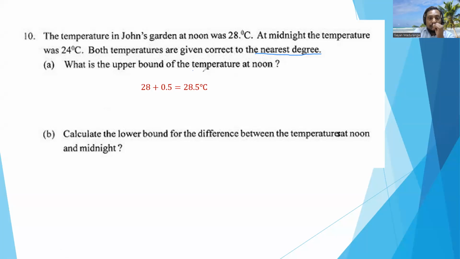What's the upper bound of the temperature at noon? It's 28, correct to the nearest whole number. Whole number means 1, and 1 divided by 2 is 0.5. So you add 0.5 to 28 to get the upper bound, which is 28.5.